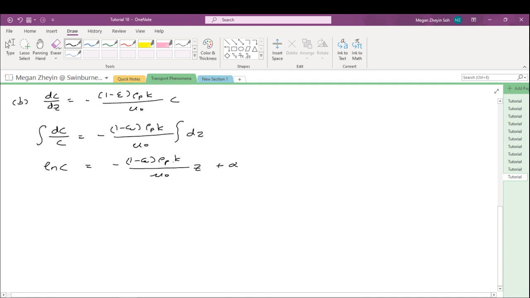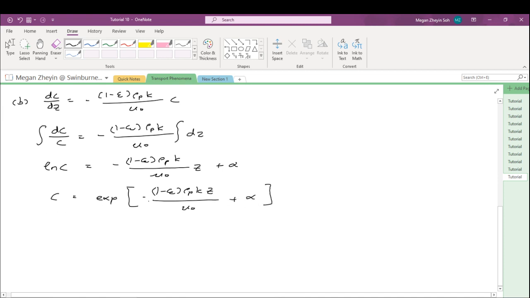If we rearrange, we get C to be the exponential of negative (1 minus epsilon) rho P k z over mu 0, plus alpha.